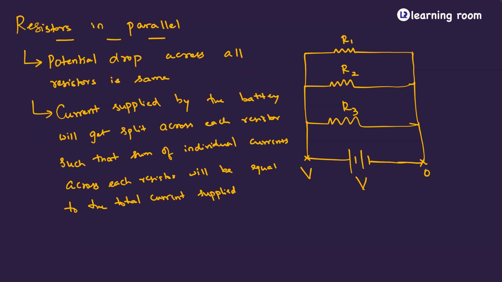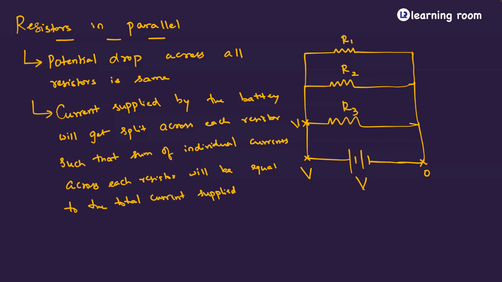Whenever 2 points are connected without any passive element between them, and passive elements can be a resistor, a capacitor, or an inductor, those 2 points are said to be at the same potential. If this point is at potential V, then this point is also at potential V, because they are connected with a wire and the resistance of a wire is considered to be 0.